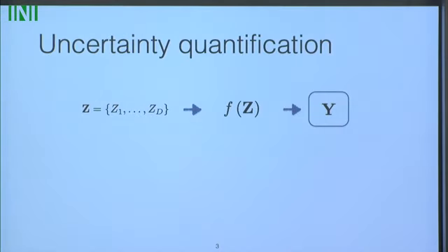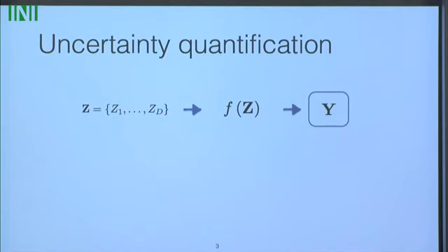So in our concept, we have a vector of input parameters which are fed through this model, which can be just a scalar model or a complicated three-dimensional or four-dimensional partial differential equation model.